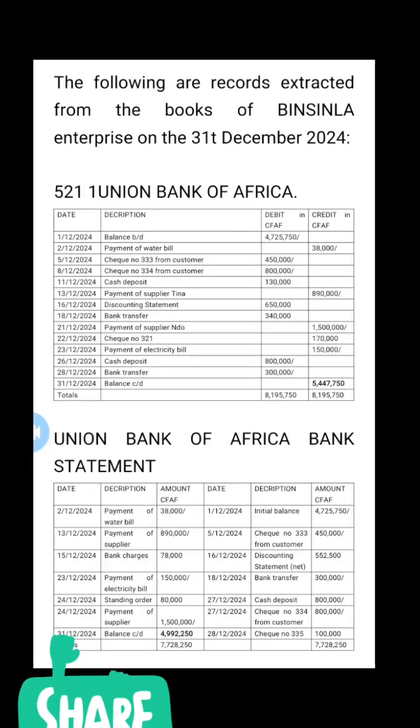These two on the credit side have not been ticked. So these are the accounts we are going to use in reconciling these two accounts, that's the account kept by the enterprise with the account kept by the bank, that is the bank statement. So we move now to the solution.